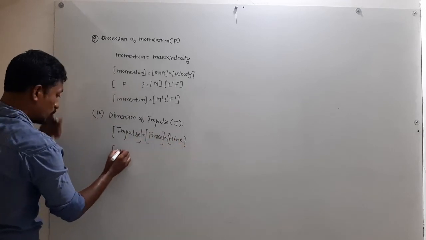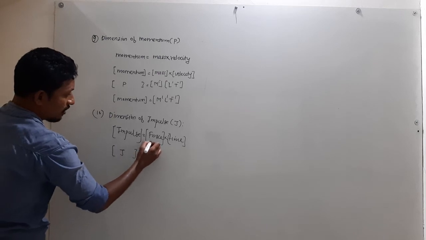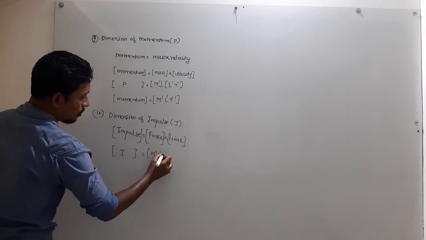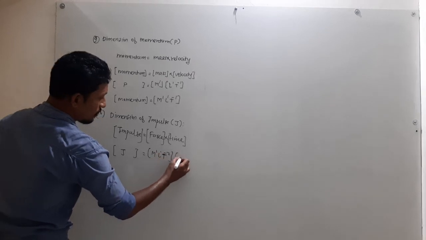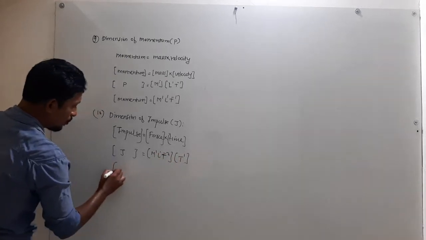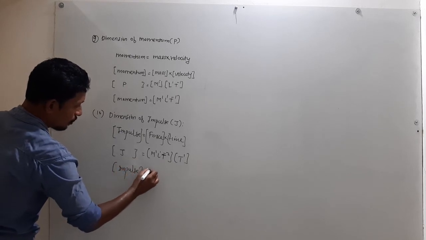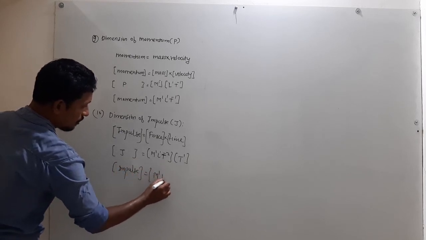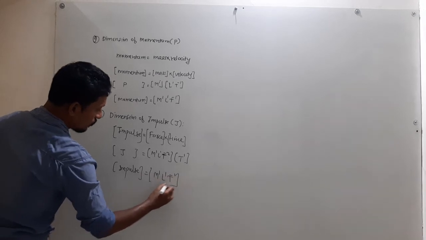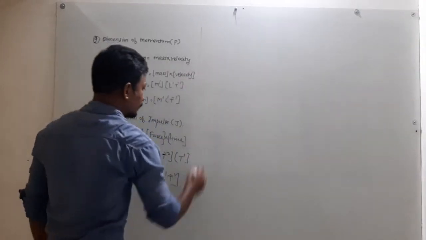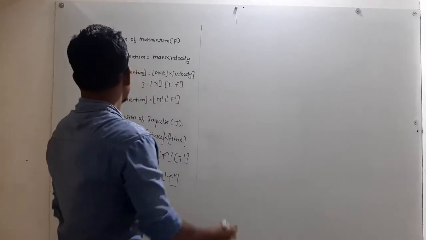Impulse is denoted by letter J. Dimension of force is M raised to 1, L raised to 1, T raised to minus 2, into T raised to 1. That is, dimension of impulse is equal to M raised to 1, L raised to 1, T raised to minus 1. This is the dimension of impulse J, right?